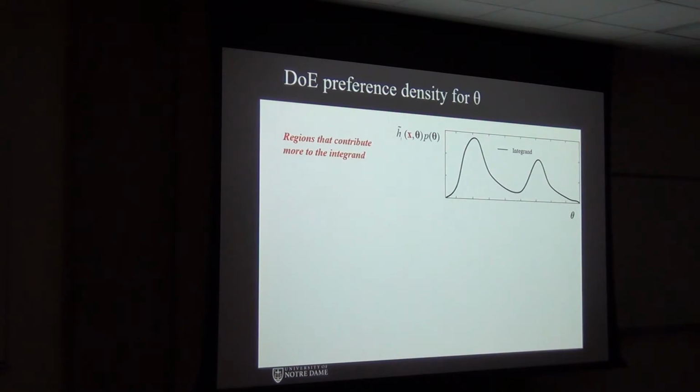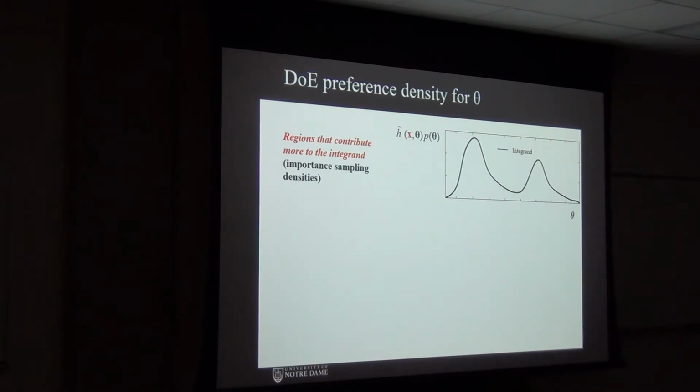For the model parameters it is a little bit different, because here you primarily care about calculating accurately your performance objective, which is a probabilistic integral. Regions that contribute more to the integral should be of higher relevance, so your preference function really should be your integral.